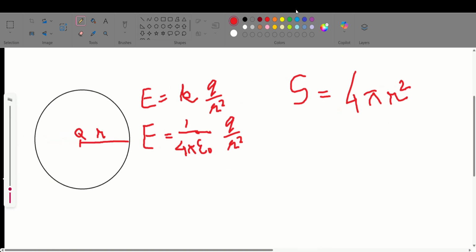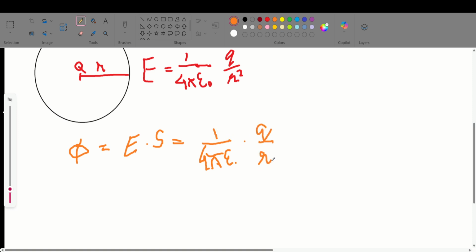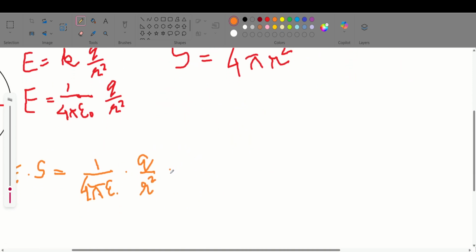And now in order to find the flux through the walls of the sphere, we multiply E and S. The flux is equal to 1 by 4 pi epsilon naught into q by r squared. And now we multiply this by S, which is 4 pi r squared.